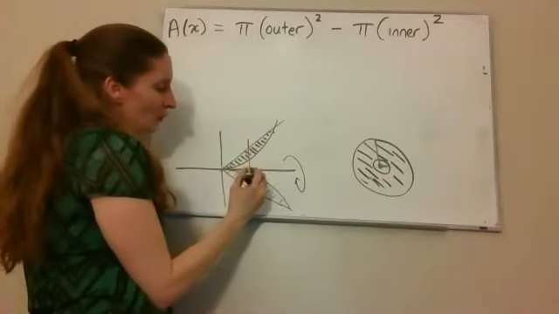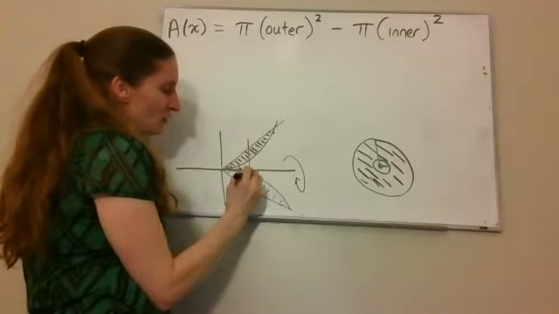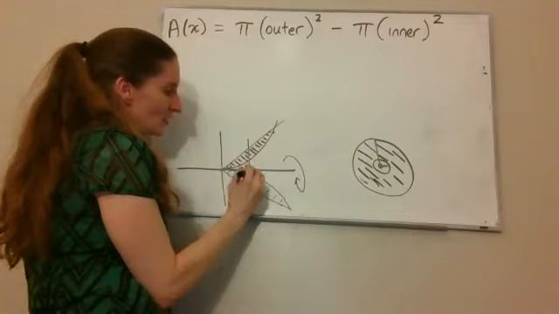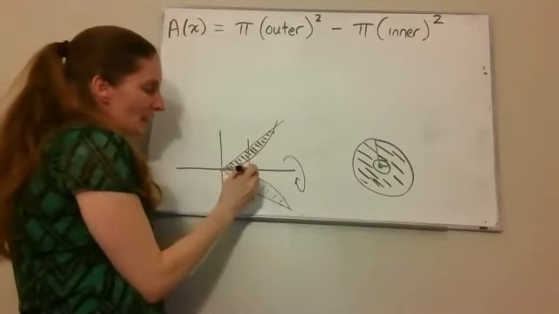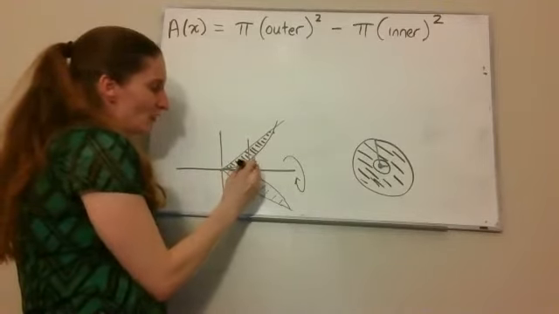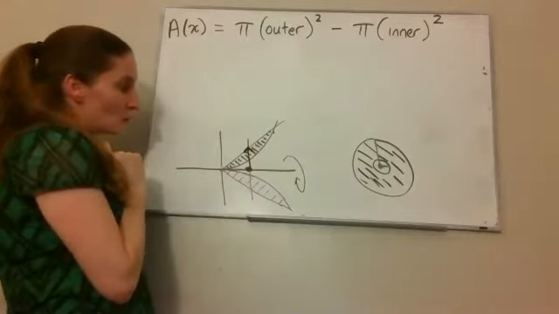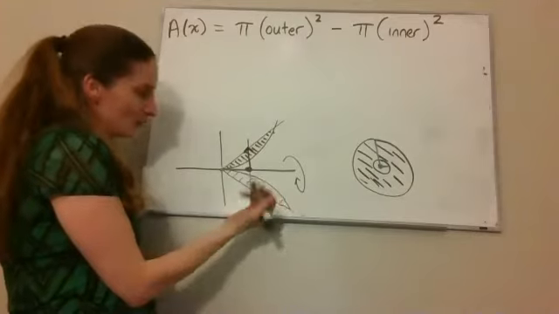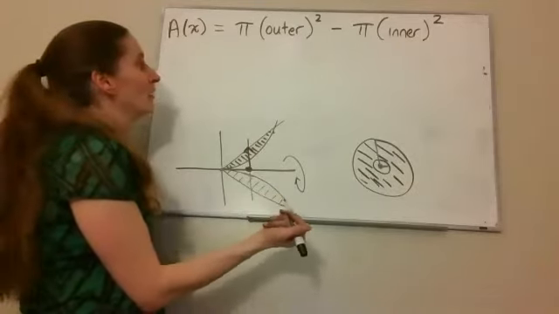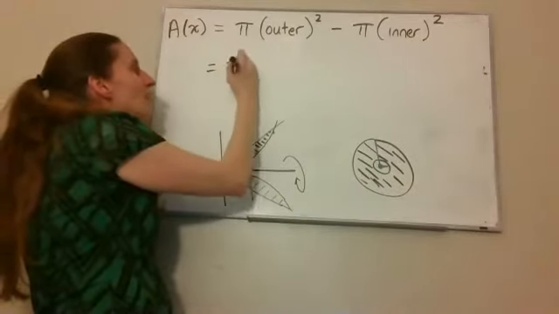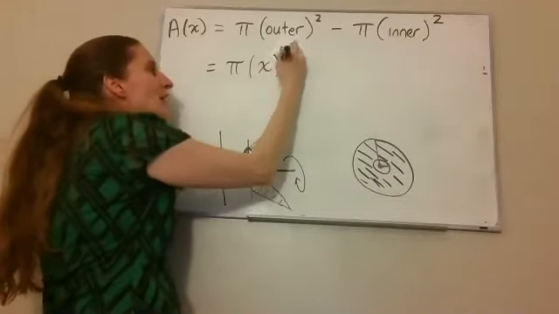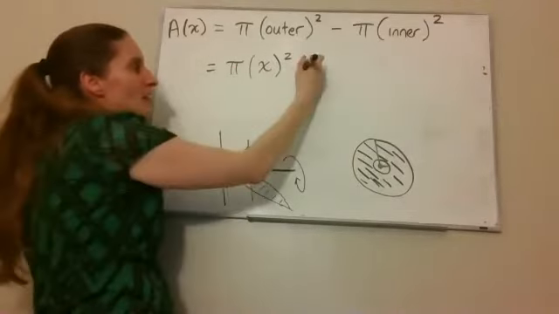Well, the radius, remember, always goes from the center of the object. So my outer radius is from the center of the object to the very outside of the object. Is that the straight line or the parabola? It's a straight line. So my outer radius is given by the equation of the straight line, y equals x.